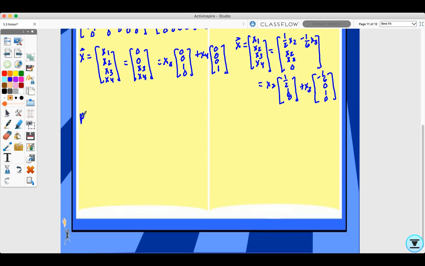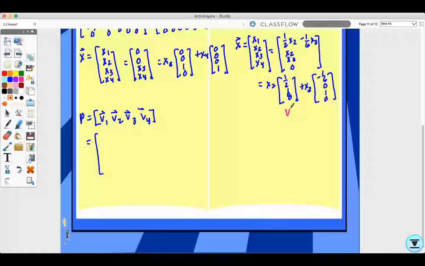So we would find P, which would be V1, V2, V3, V4. So we'd have 4 vectors from our bases. If you want, you can always go back and label these.